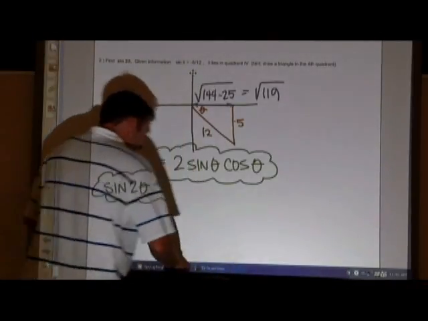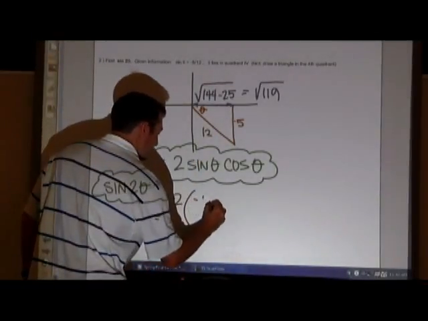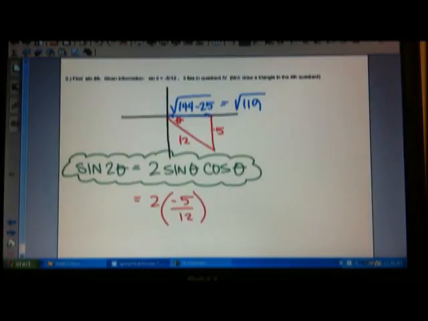I actually almost have enough information right off the bat because I have sine theta already. Negative 5 over 12. And then my last piece here, I just have to put in cosine theta. Well, cosine theta is adjacent over hypotenuse. So this is going to be radical 119 over 12.